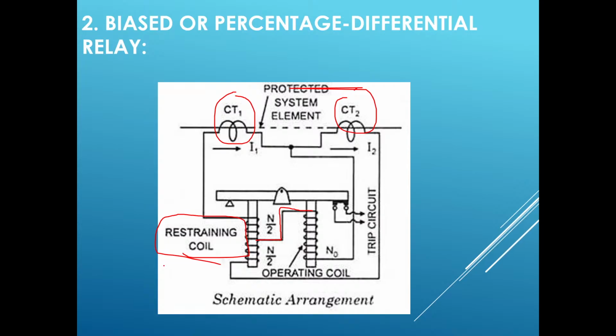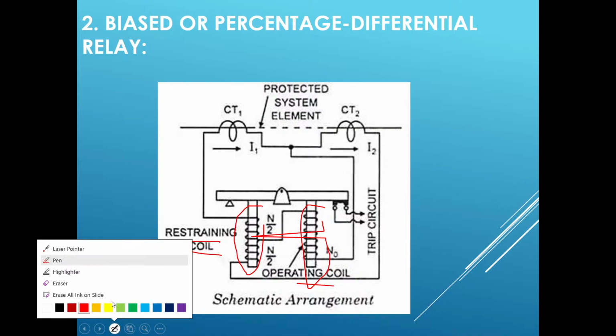Now if you observe here, these two coils, the restraining coil and the operating coil, are wound across two limbs. So I can say this is an electromagnet, two electromagnets are here.